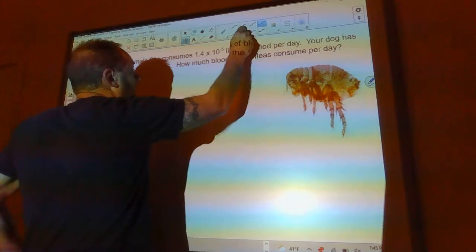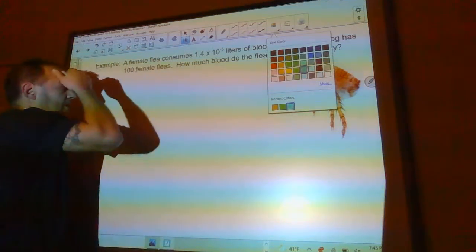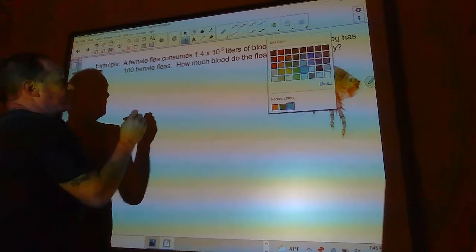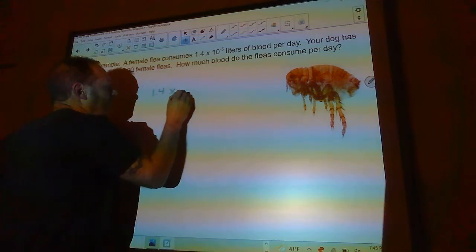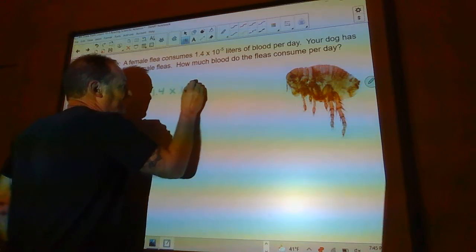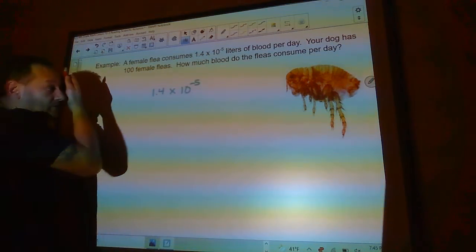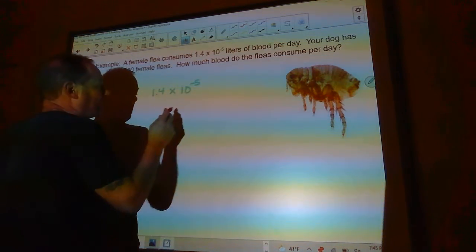All right, so what do I have here? We need a nice calming color because some of you will be freaked out by the giant flea here. So I've got 1.4 times 10 to the negative 5 power. Okay, so I can do this a long way and convert this to a decimal.